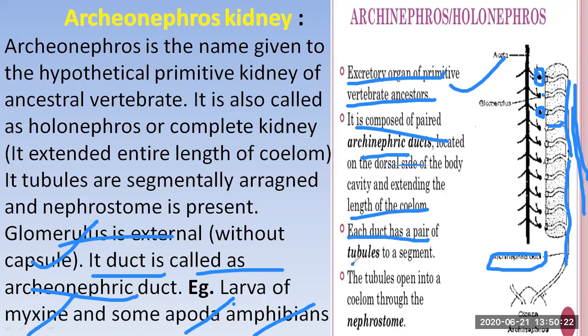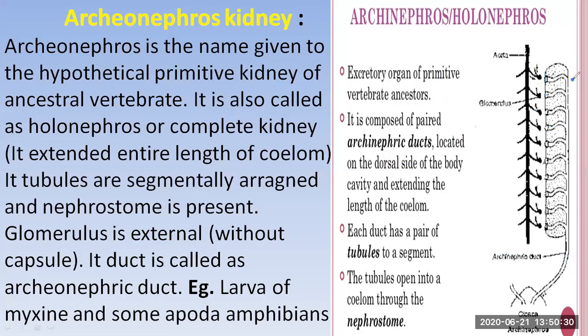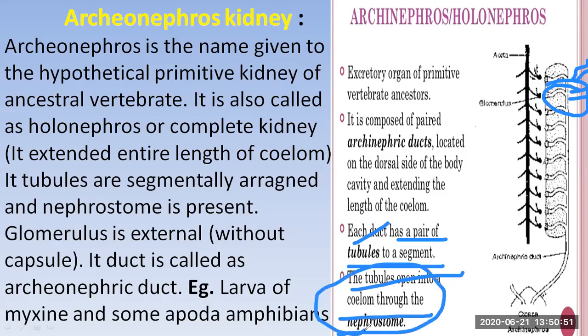Each duct has a pair of tubules. In the figure you can see this is one pair, and another is also like that. Each duct has a pair of tubules to a segment, and the tubules open into the coelom through the nephrostome.